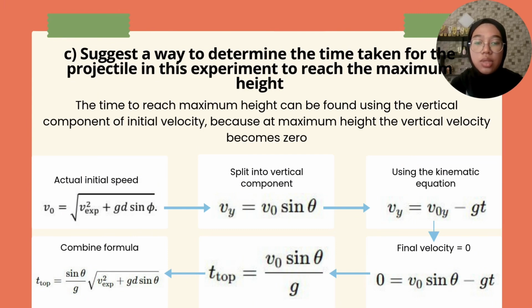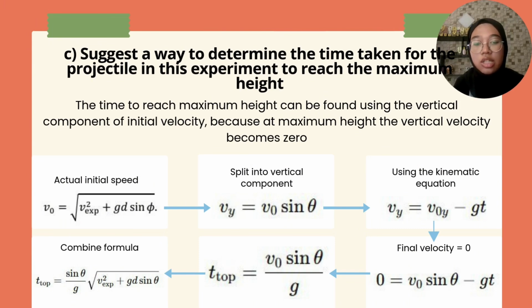Next, we split into the vertical component of the initial velocity: v y equals v naught sin theta. Then, using the kinematic equation, v final equals v initial minus g t. Since we have to calculate the time at the maximum height, our final velocity becomes zero. So we substitute the final velocity equal to zero in the kinematic equation, and we get 0 equals v naught sin theta minus g t.